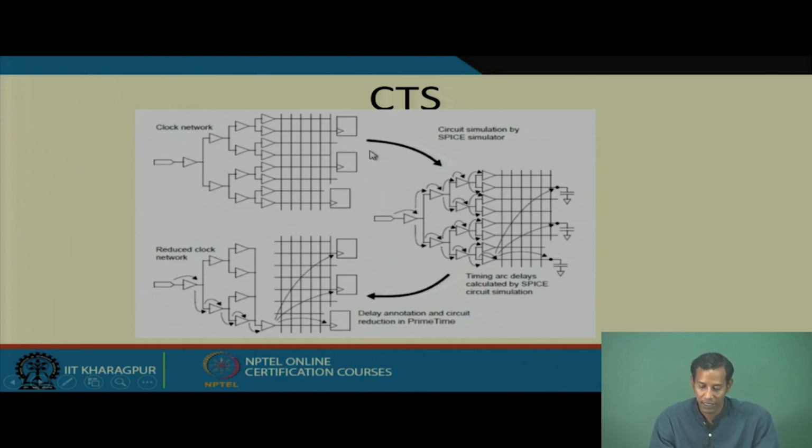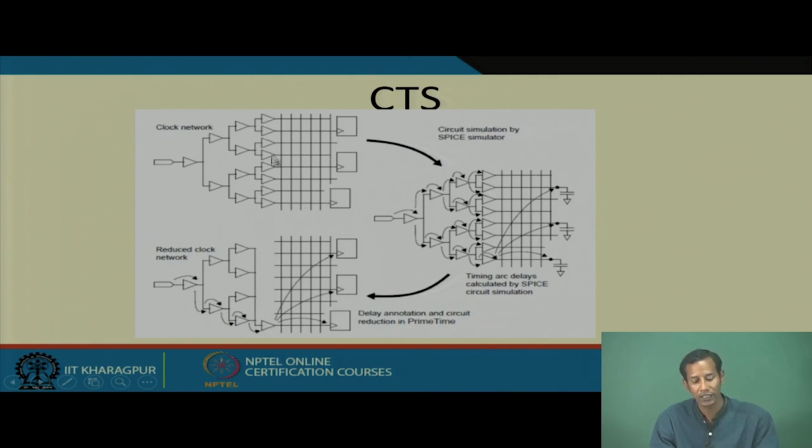Okay. Then this particular circuit will be extracted through the SPICE simulator, and it will try to optimize. As this is 1, from 1 it is connected with 2, then 1, then again connected with 2. So, it creates this particular type of mesh for the clock network.